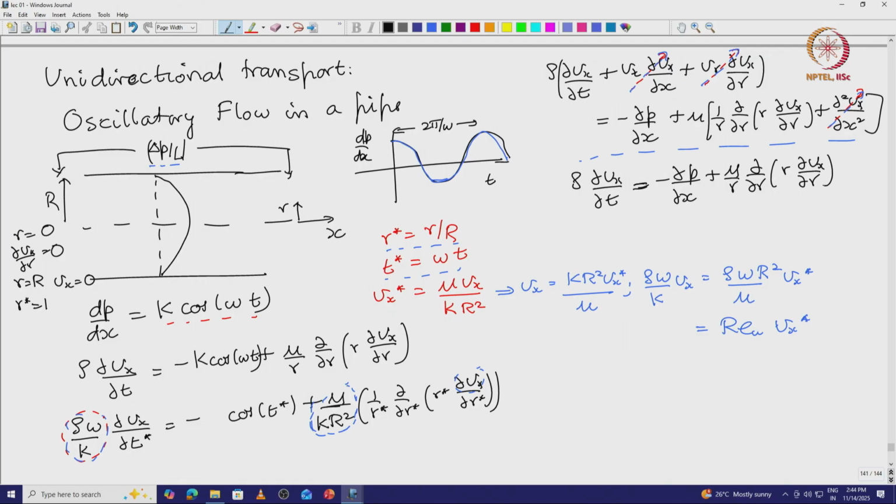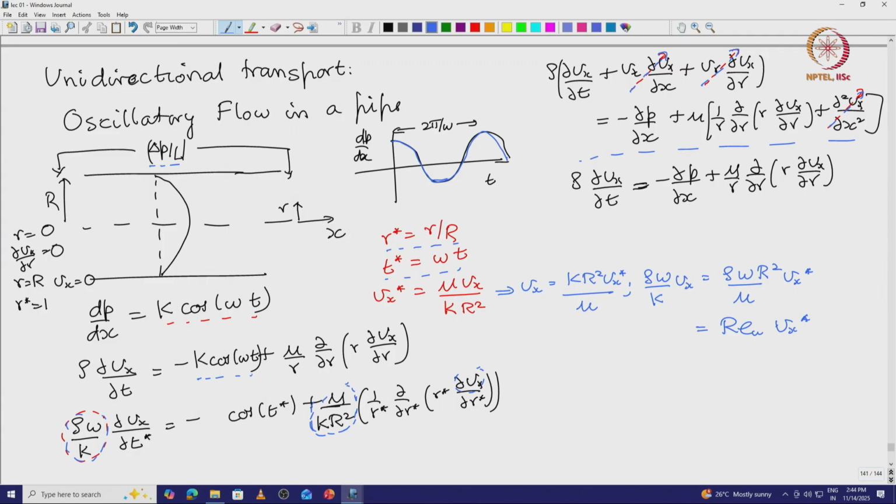So, that is the differential equation for the velocity field. And the pressure gradient was of the form k cos omega t, or cos of t star.